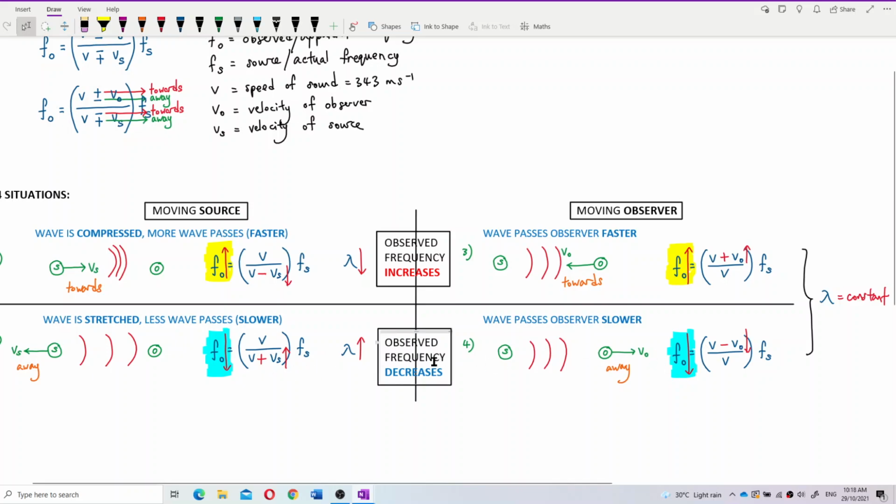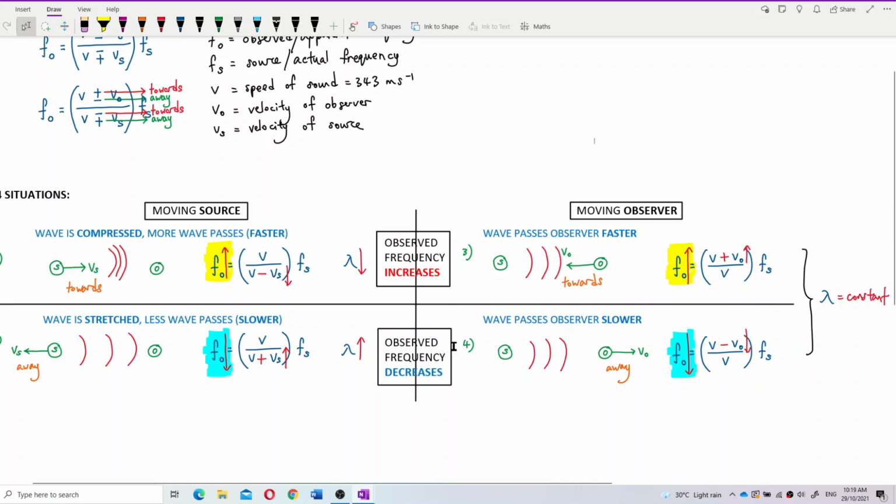So in short, to make FO decrease, Vs is at the bottom, so you need to plus to make the value bigger, since dividing by a bigger value gives a smaller value. But VO is at the top, so the top value needs to become smaller in order for FO to become smaller, so at the top you minus. That's the difference, and that's why there is a difference in positive and negative between source and observer.